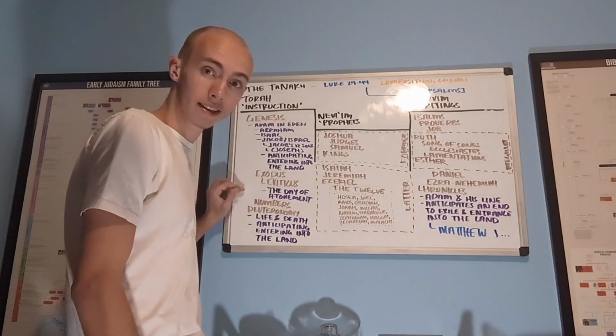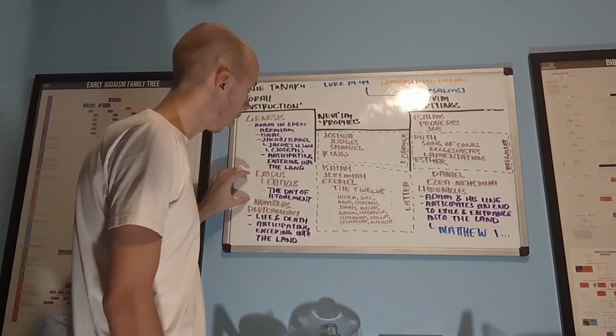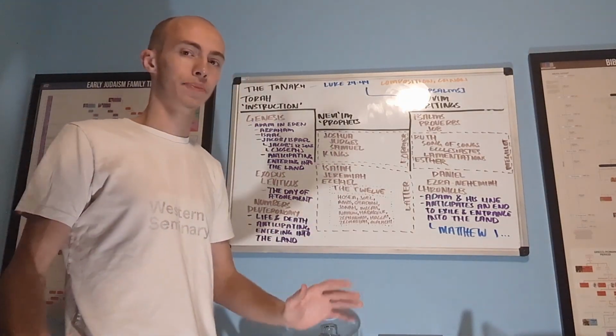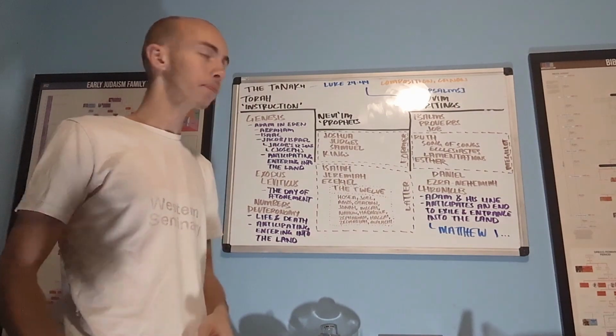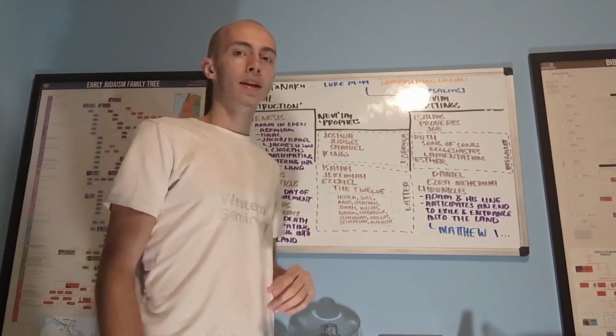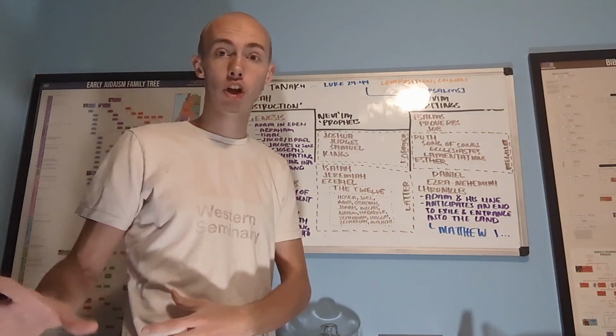You tracking? This is the Day of Atonement. And this is at the very center, the very heart of the whole Torah. It is absolutely awesome. Okay, are you ready? Now we're going to move on to the Nevi'im, the prophets. Now, the prophets, in the former prophets, you begin with Joshua.